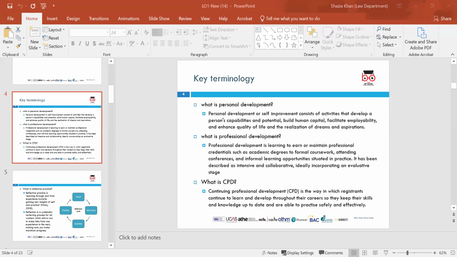So the first one: what is personal development? When someone asks you, what is personal development, what's the first thing that comes to mind? Temi, what's personal development?